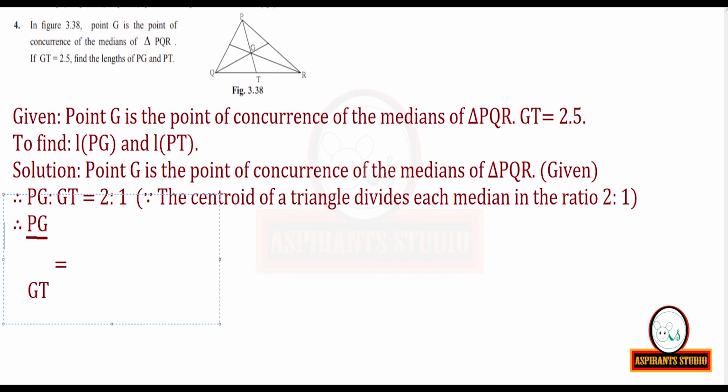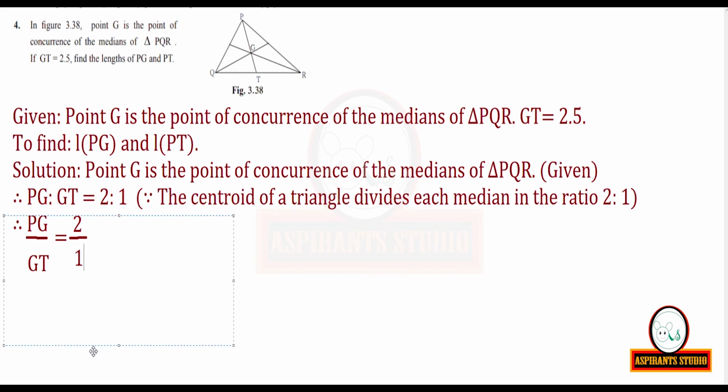Now do the cross multiplication. We have the fraction PG upon GT, also the fraction 2/1, with an equal to sign in between. So we can cross multiply.